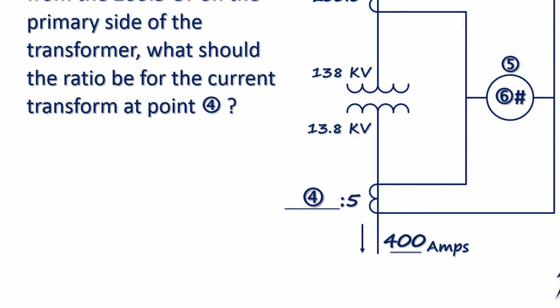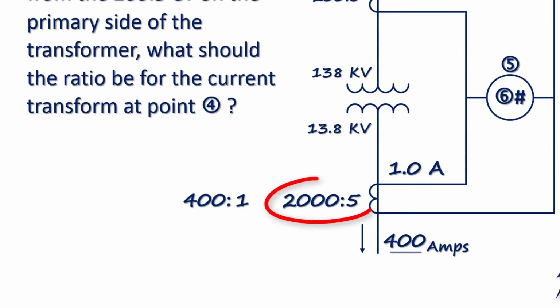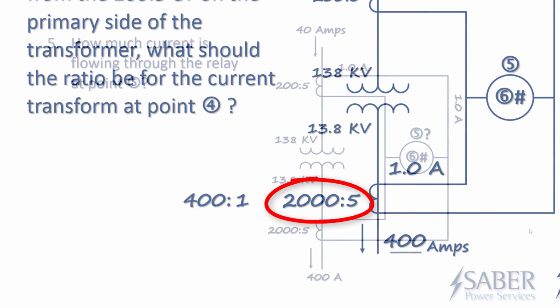So we know 400 amps is flowing through that CT, and we know we need 1 amp on the secondary. We have 400 on the primary side and 1 amp on the secondary side. What would that be to a ratio of 5? Well, multiply 400 by 5 and you get 2,000 to 5.